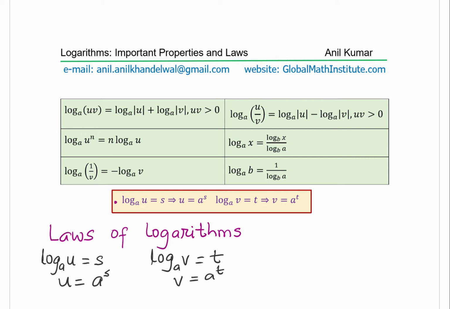We fairly well know how to work with exponents. So once you convert the log equation into the exponential equation, it becomes easier to work. So that is the strategy. Let us see how to derive these particular formulas.